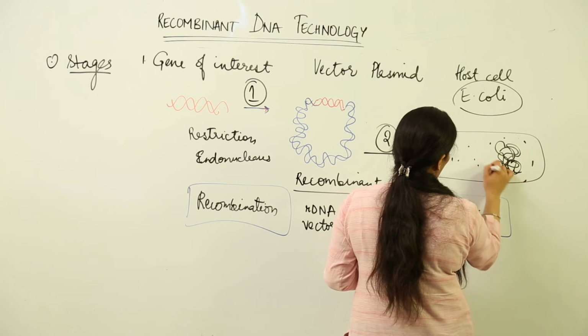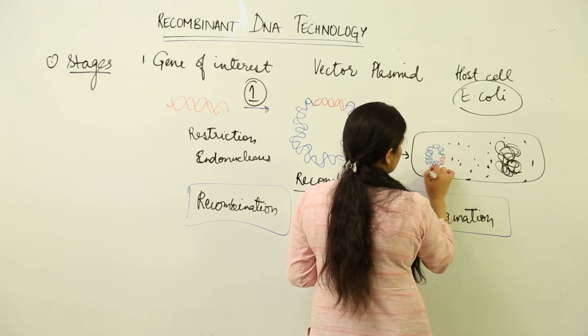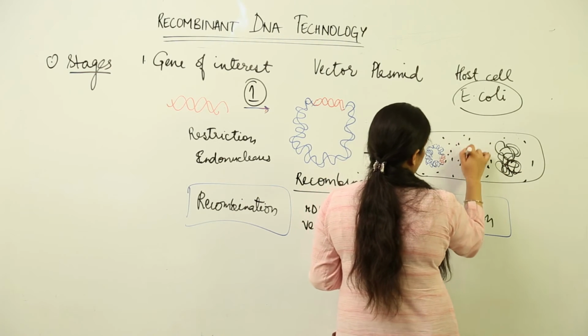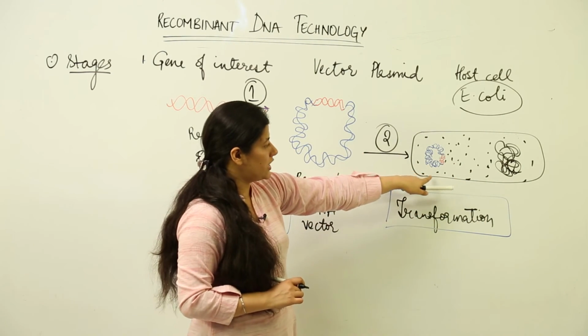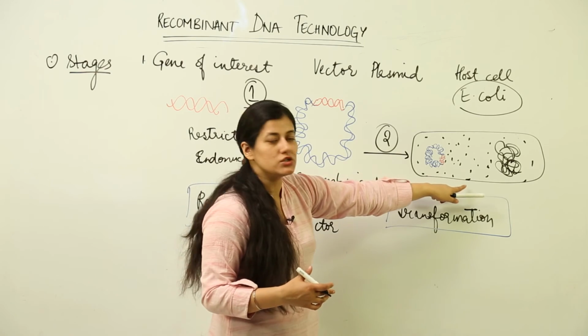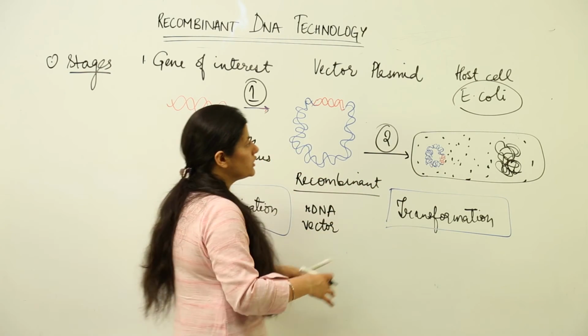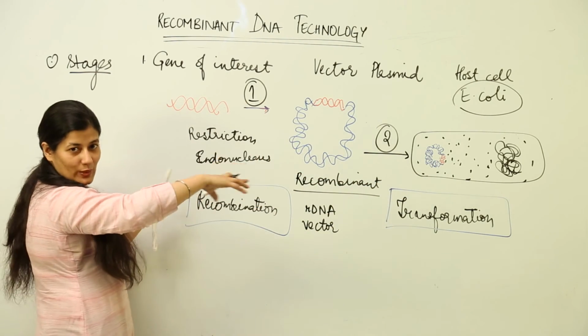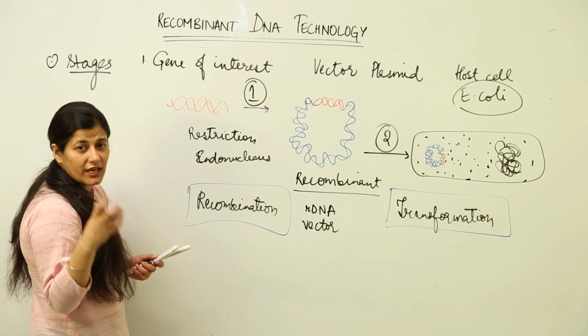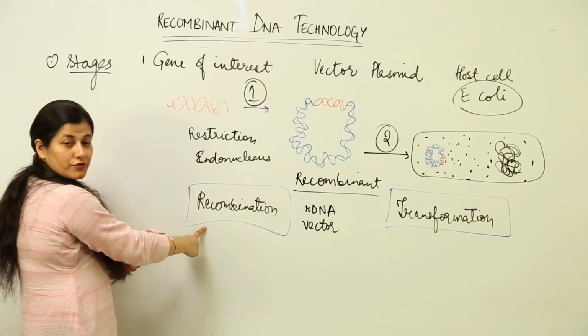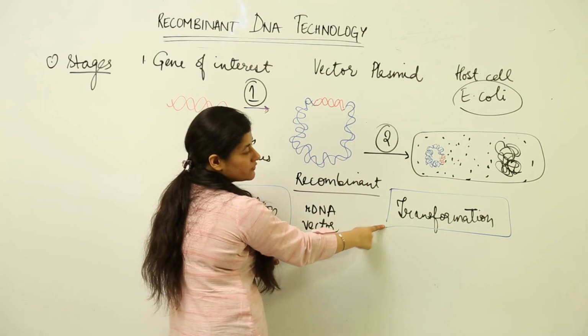We have its own nucleoid and the recombinant that has been introduced, and this E. coli with external DNA or the recombinant DNA is known as a transformant. So this is the entire process, the various stages which are involved in the process of recombinant DNA technology. The first step is recombination and the second step is transformation.